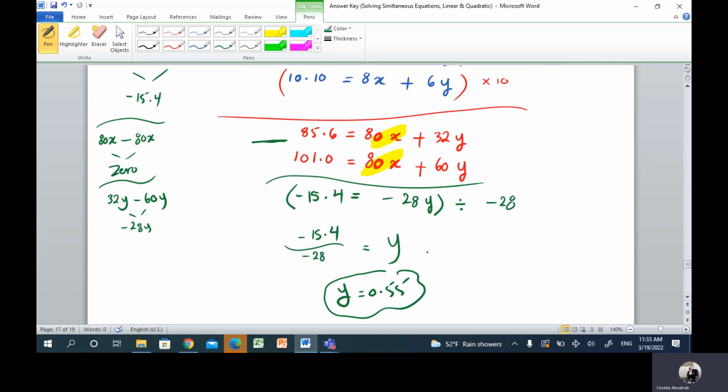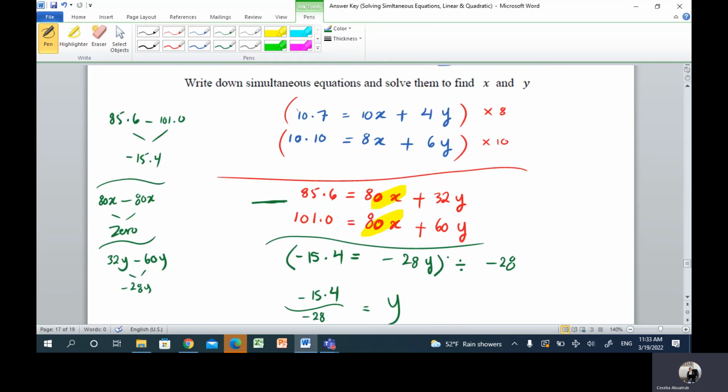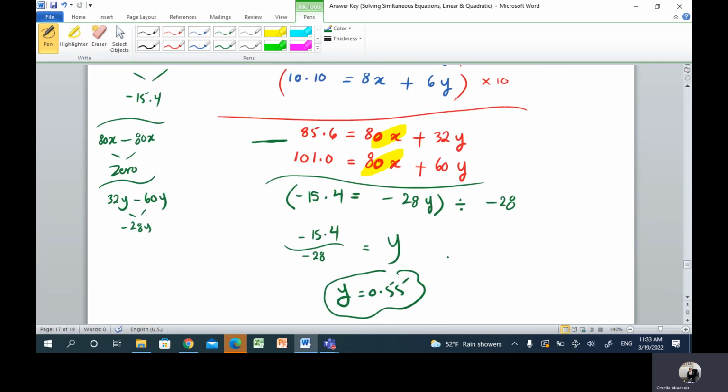Once we find y, we can substitute it in any of the two equations. Since I can see the second one, we're going to say if y is equal to 0.55, then 10.10 is equal to 8x plus 6y.